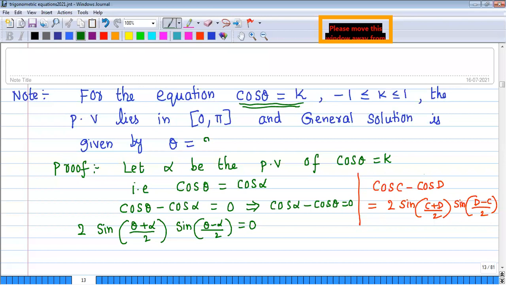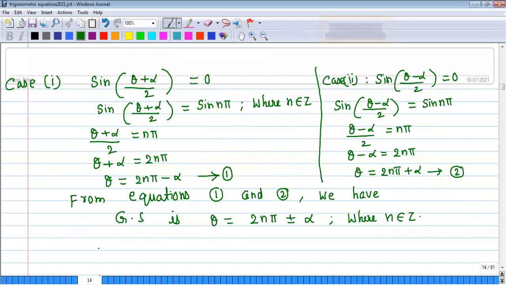But here, this is 2n pi plus or minus alpha, where n belongs to Z. This is for cos theta. Clear? For sin theta it is different. This is the second formula we derived.